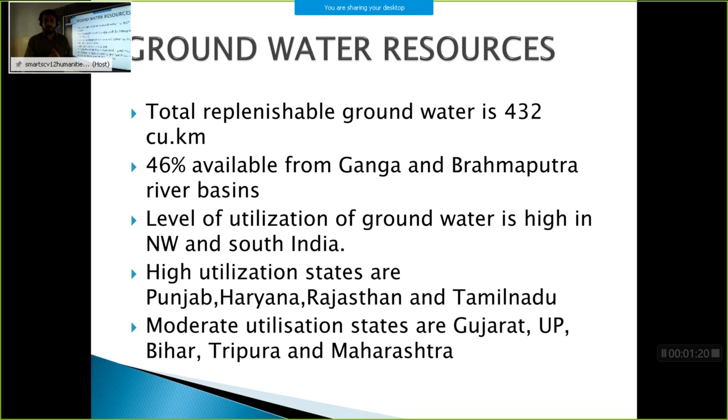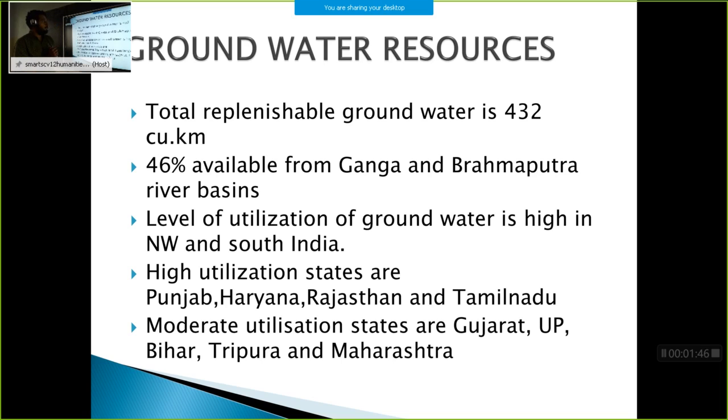As I told you, 71% of the earth is water, but from that, the usable water is just 3%, and the rest of the water is salty. We can't use that salt water. So let's continue with our groundwater resources.